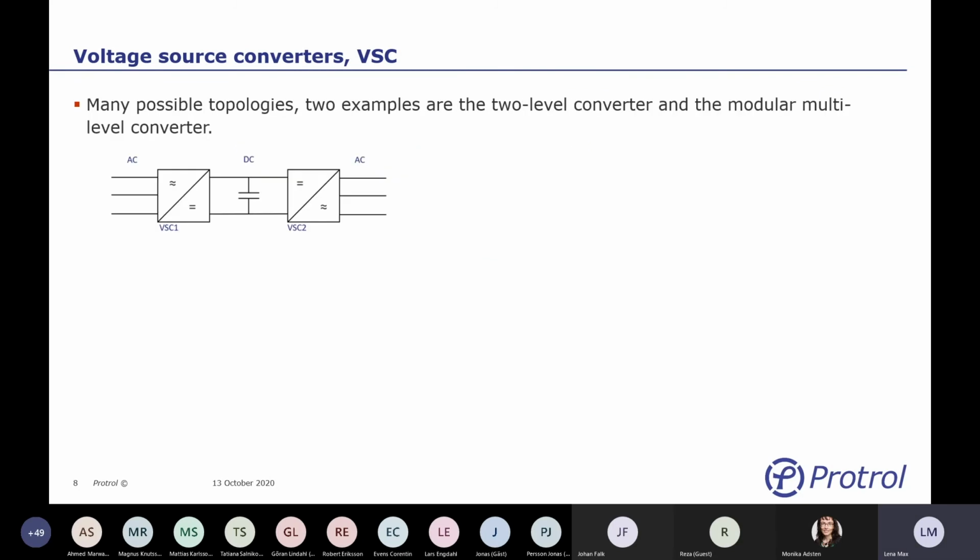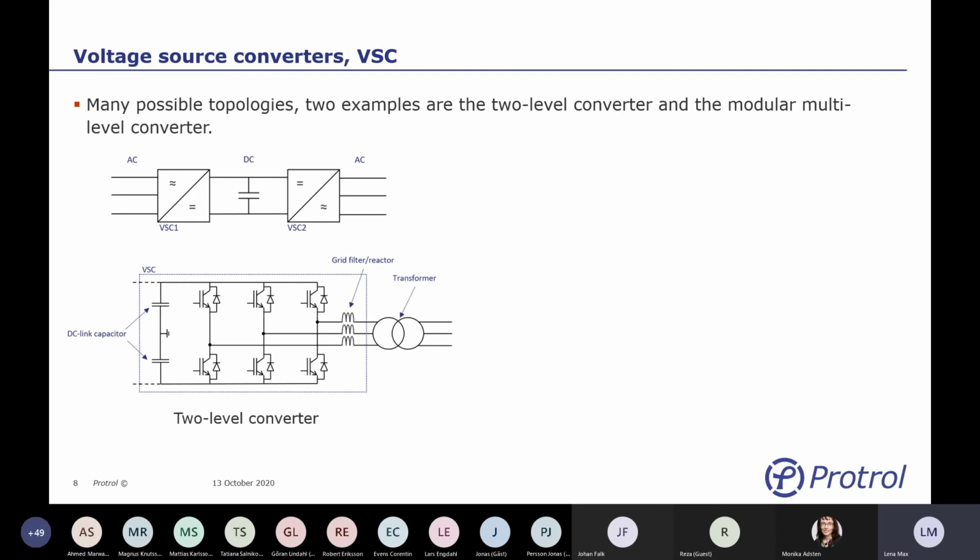Looking into these voltage source converter boxes, there are many possible topologies to implement this. A simple one to start with is the two-level converter. It has 6 transistors here that will form 3 phase voltages.